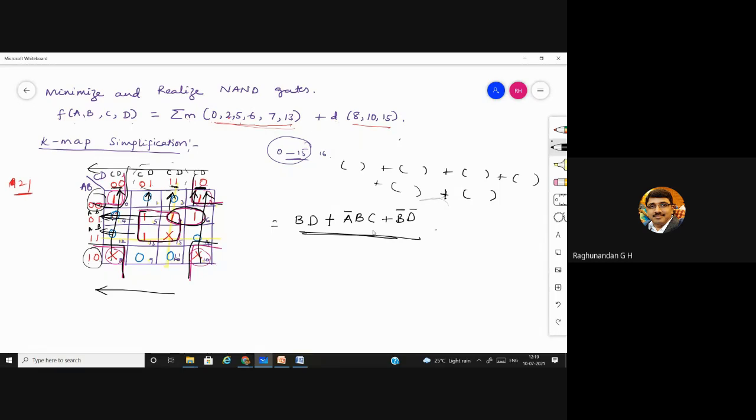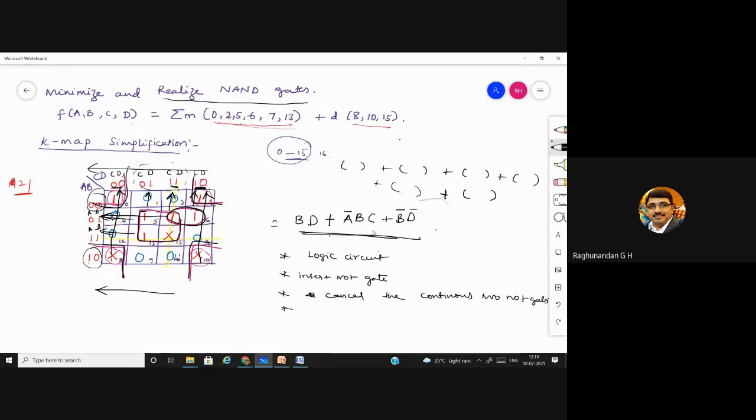Now what you have to do is, after obtaining this equation, apply the NAND realization. As you know, for NAND realization, the first step is writing the logic circuit. Write the logic circuit for this. Then insert NOT gates. That is the second step. Third step, cancel the continuous two NOT gates.